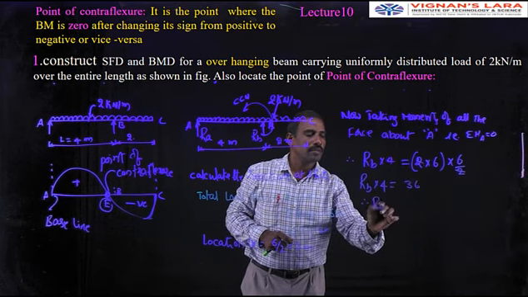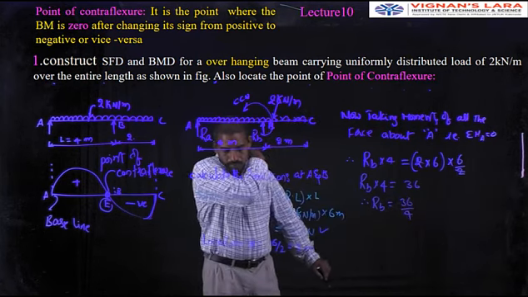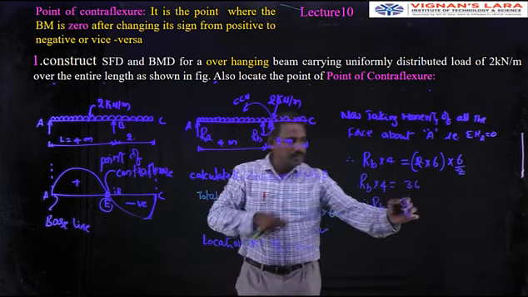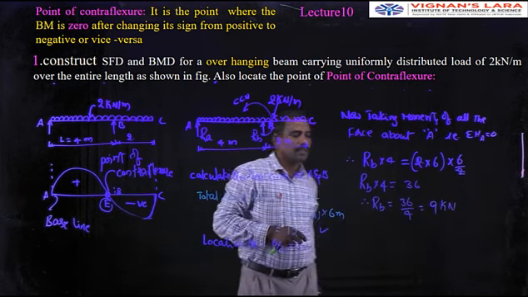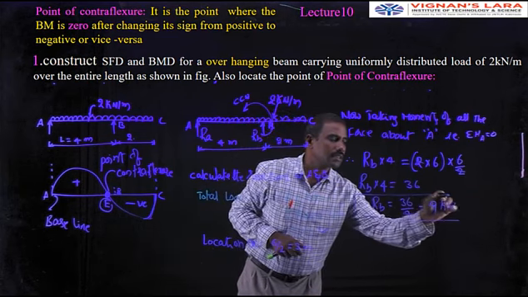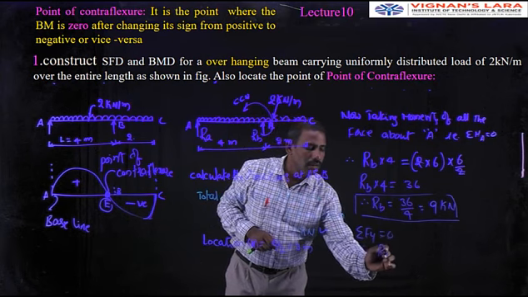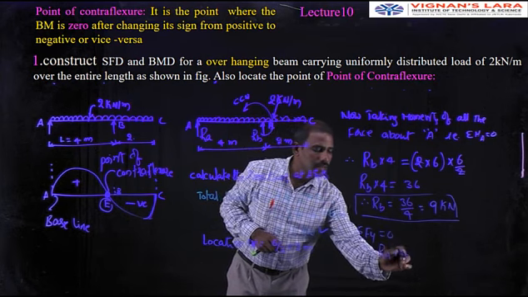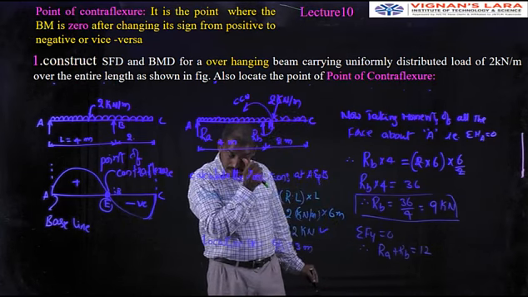Therefore, RB is equal to 36 by 4, that is equal to 9 kilonewtons. This is the magnitude of the force at support B. As we know that sigma Fy is equal to 0, therefore RA plus RB is equal to 12, the total force.